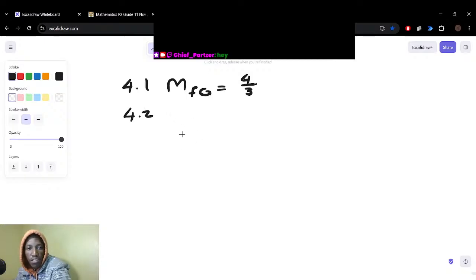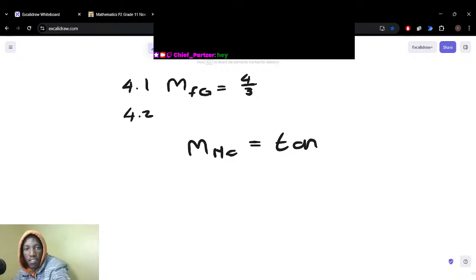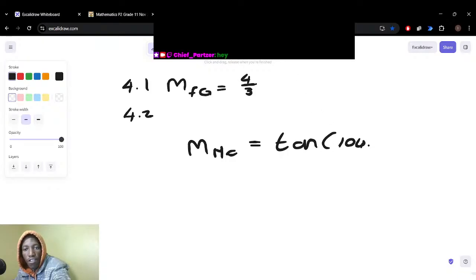We know that we can calculate the gradient of NC using this formula of tan theta, where theta we have its value as 104.04.